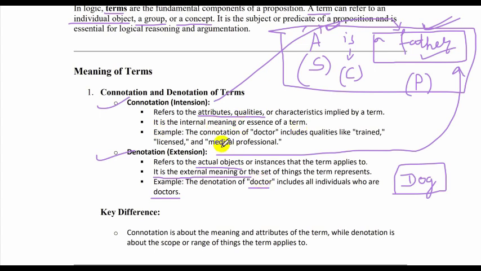So the connotation of a doctor includes the qualities, like he is a trained professional, he is licensed, he is a medical professional, saves lives, and so on. So I hope the connotation and denotation is clear. Denotation refers to the actual object, whereas connotation refers to that object's qualities and attributes or characteristics.